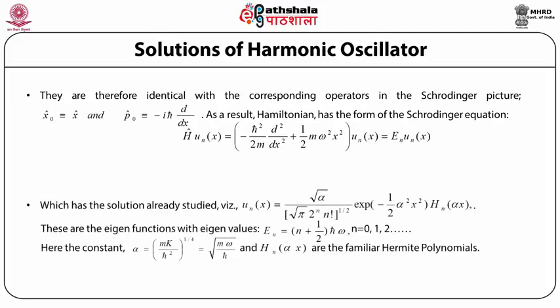The solution is well known, with the function u_n(x) equal to the square root of α upon the square root of π times 2 to the power n times n factorial, this whole times exp(-½α²x²) times H_n(αx).